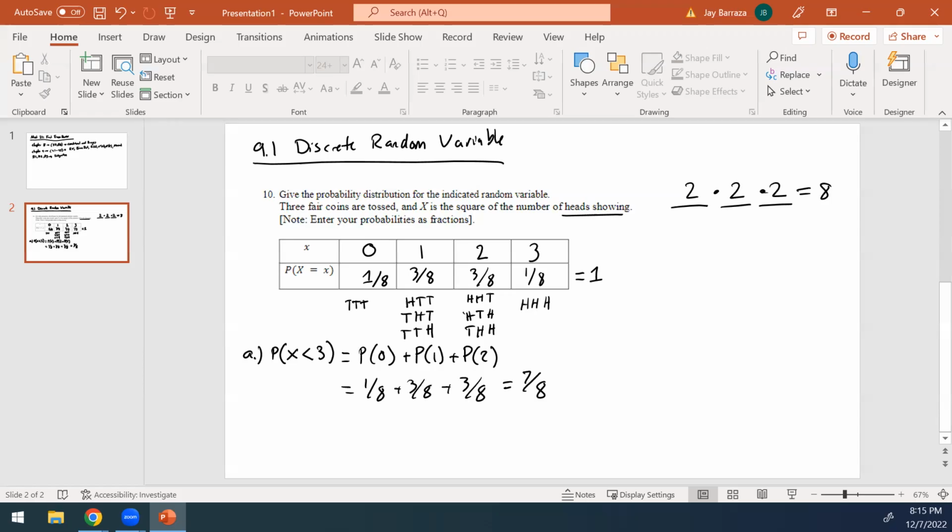For x, it asks for the square of the number. I'll just fix it that way. But if it was the square, then you would just square it. I'm just going to write it like that because I don't want to have to redo the entire problem.